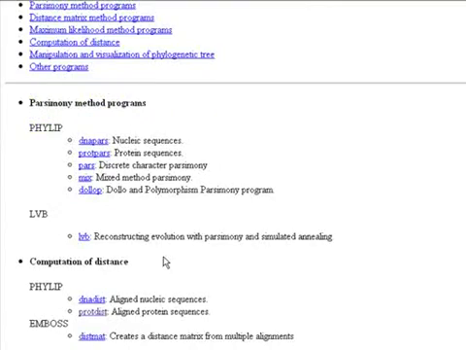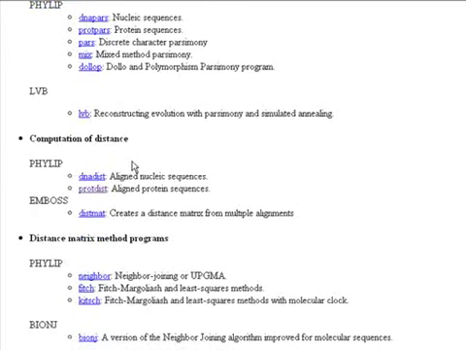For example, we have Protdist, which is for protein sequences. This program works better with closely related sequences. That's why we're going to use Protdist, which uses a substitution matrix to measure the distance between your aligned sequences. It says here that it's for aligned protein sequences.